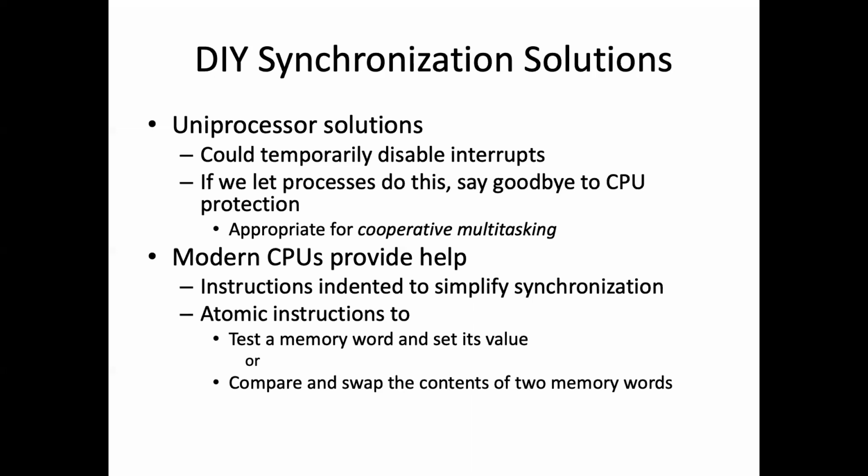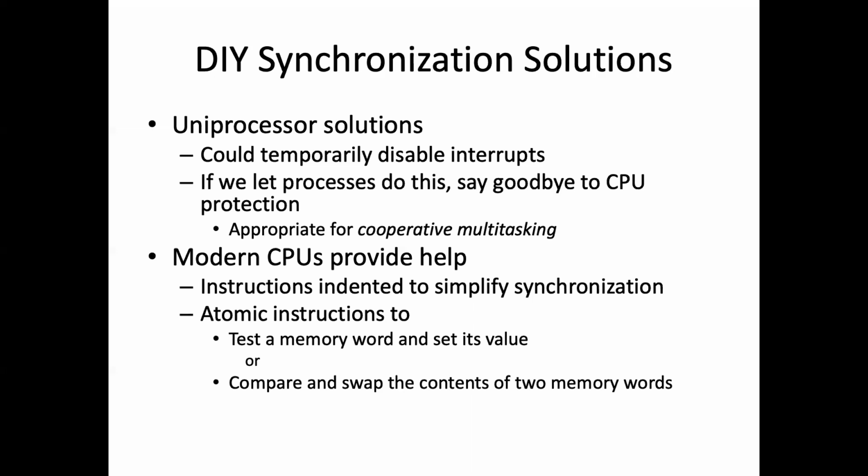I'll mention if we let a modern system do this, well, we would call that cooperative multitasking, because other threads only get a chance to run when the previously running thread says it's okay, when it enables interrupts. And if we did that, we would be giving up on CPU protection. Remember, CPU protection was that idea that if one process or thread is running on the CPU, we can't let it run forever. The OS has to eventually get a chance to run.